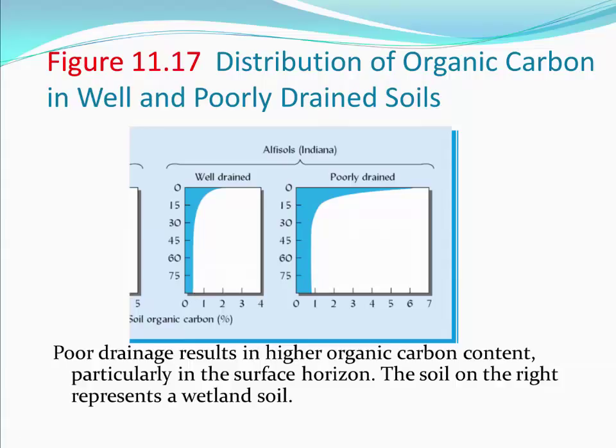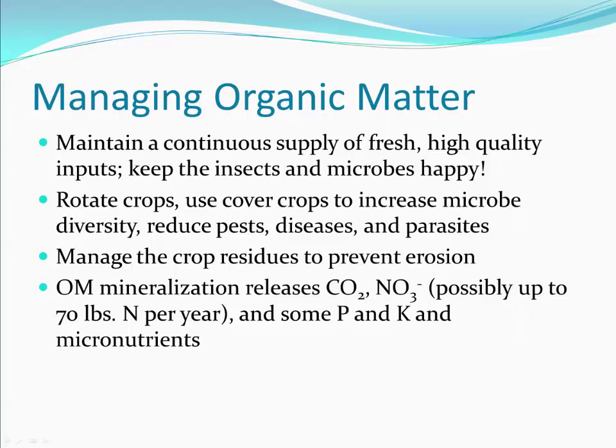Even at the surface it won't be as high. Soils that are wetter have much higher carbon right at the surface, and they retain that carbon content throughout because of the anaerobic nature of these wet soils. There's just not a way to get much oxygen down in these soils, so carbon really has a difficult time being decomposed in an oxygen-free environment.